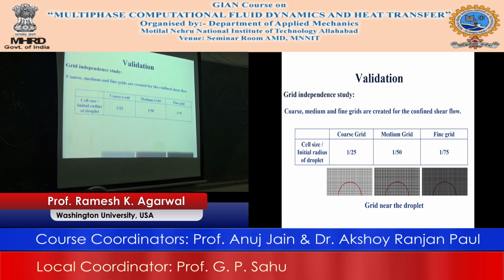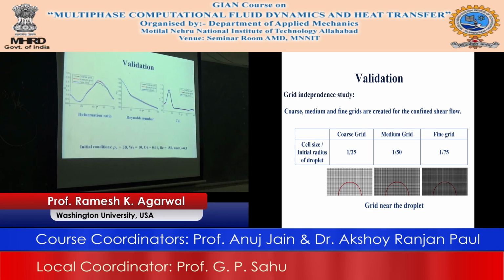So again, as I told you, validation is very important, because I personally will never trust anything without validation. Now you can see coarse grid, medium grid, fine grid, and then we will see what kind of solution we get.